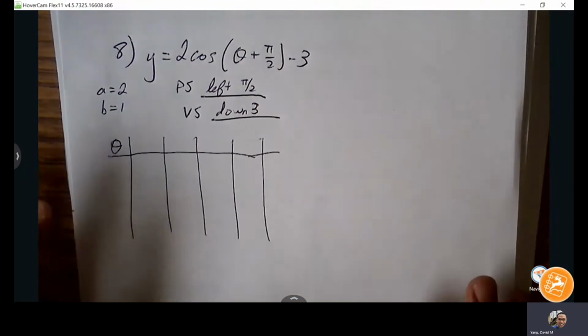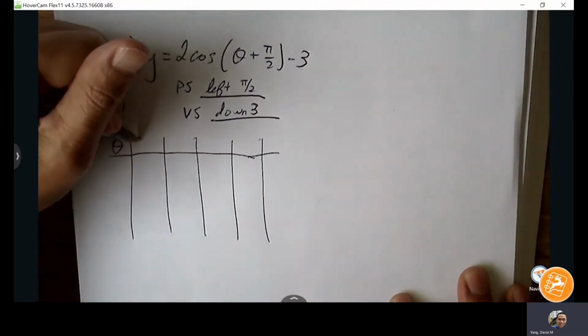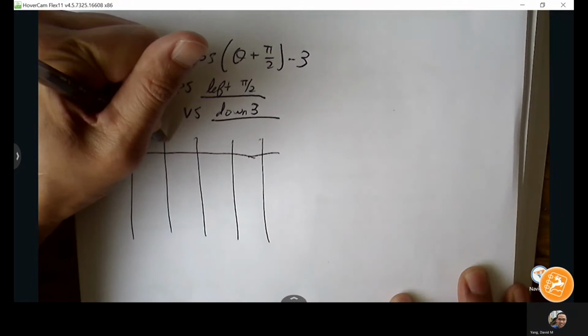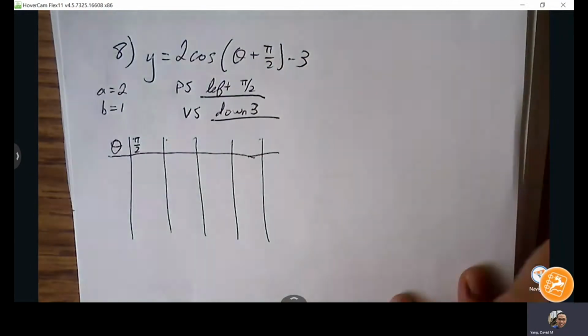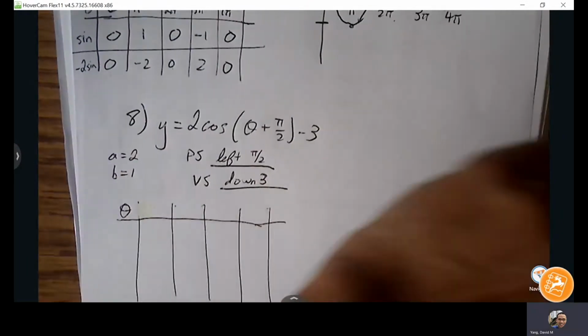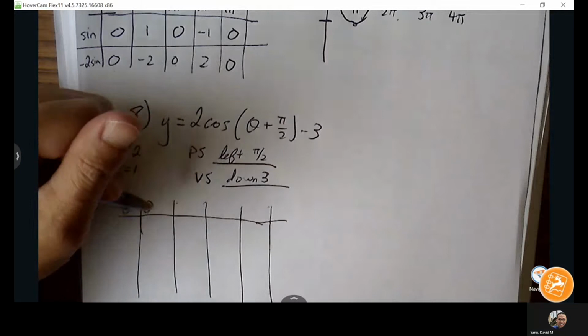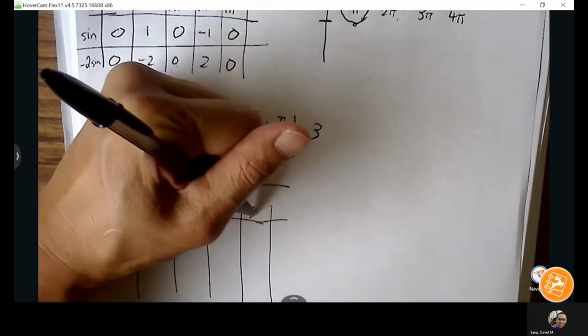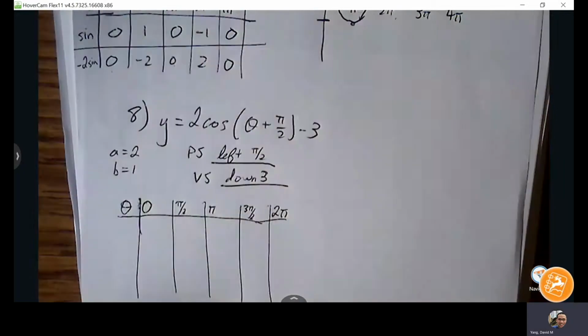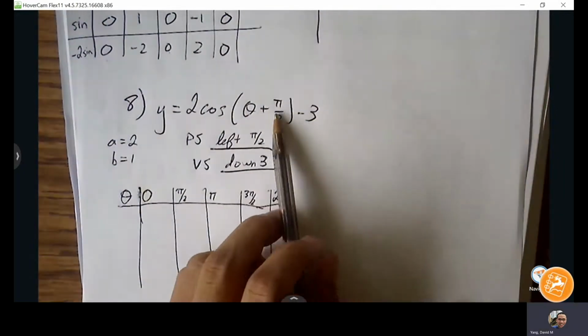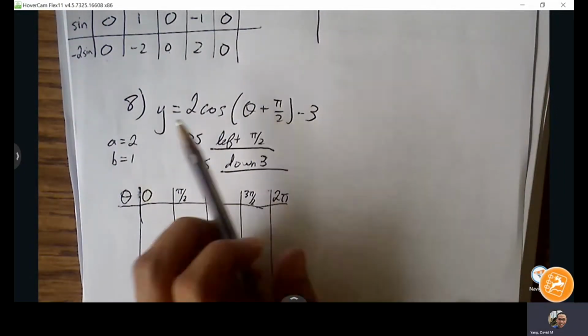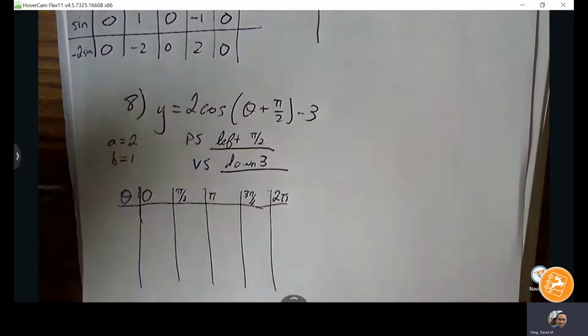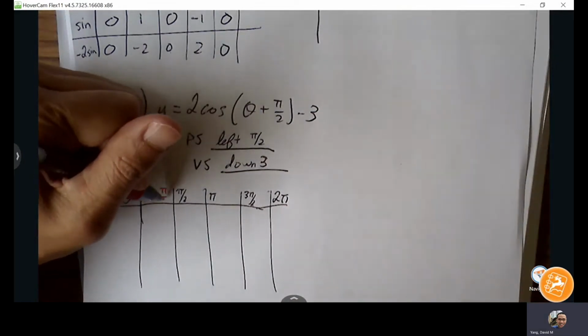Our b value is still 1. We see the plus pi over 2, so we know that we're going to have to shift to the left, so minus pi over 2.